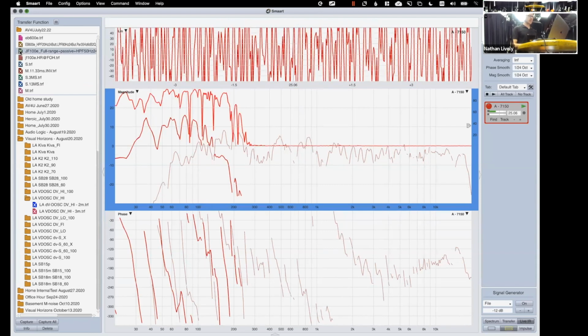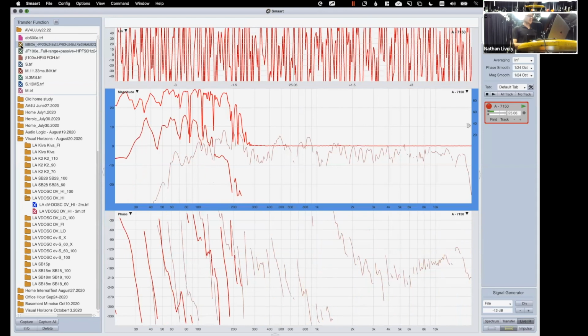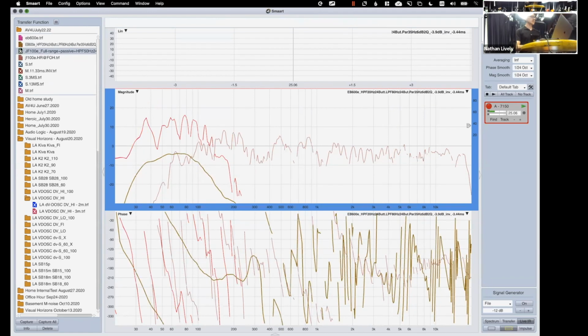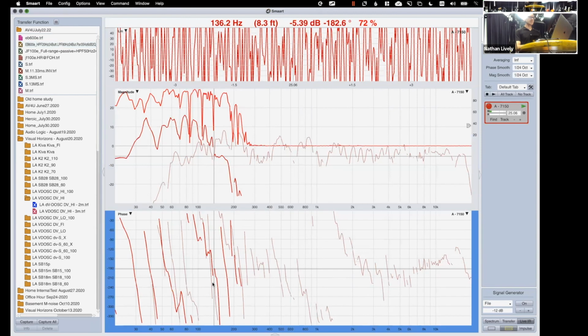Now, these aren't going to lay on top of each other because of the polarity inversion. So maybe in a second, we'll switch over to a different audio analyzer where you can do that. But at least I've sort of trained myself to see, okay, in this area, I should see them on top of each other. And it looks like some of this data agrees, but it's really hard to tell.